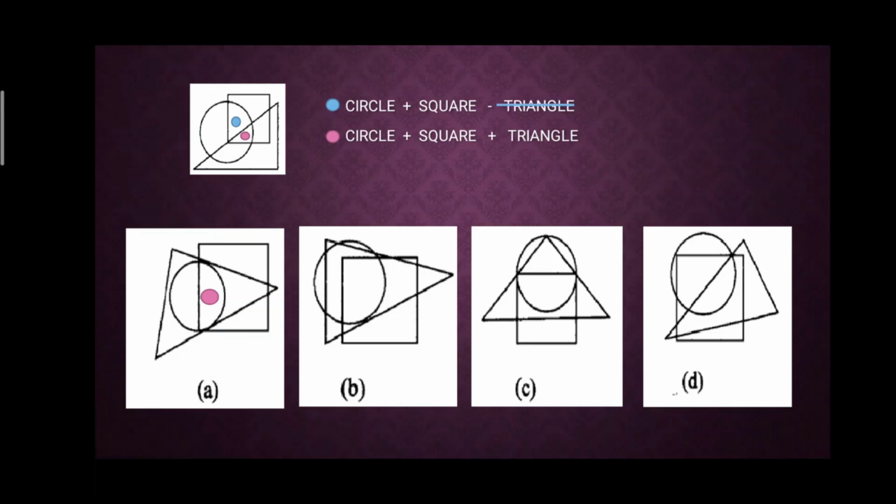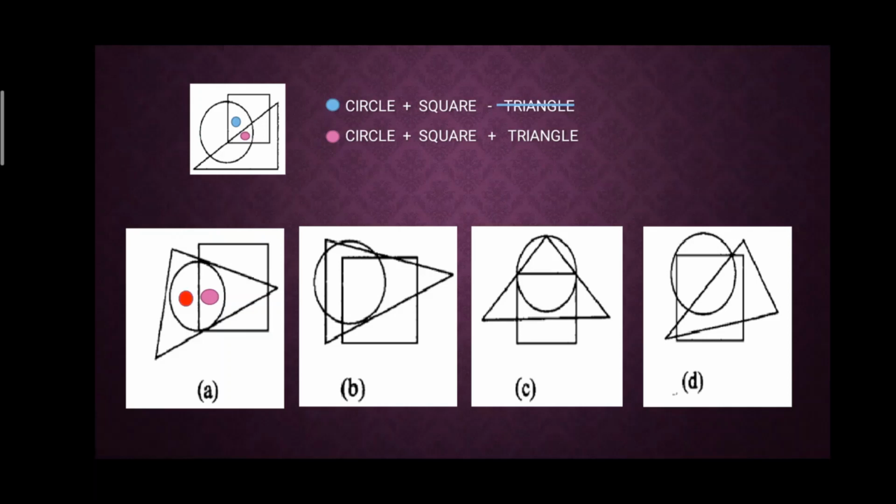This area where I have made the pink circle in option A is inside the circle, inside the triangle and inside the square. Now I am taking the easiest one. You can start with the blue dot also, but I feel the area with all three figures, circle, square and triangle, is easier to figure out. It is easier to figure out if I have the pink dot with me or not. That is why I am starting with the pink circle.